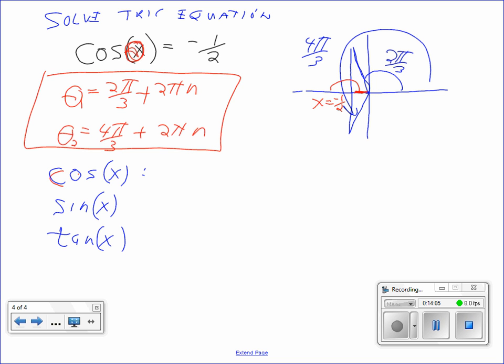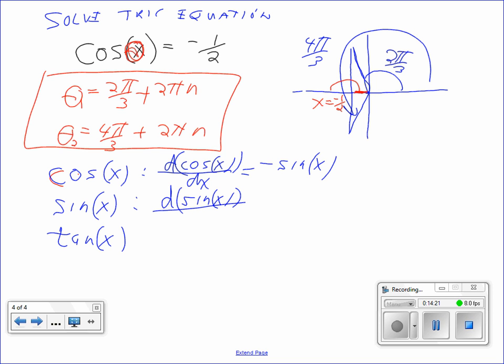Okay, the derivative of the cosine of x with respect to x is equal to the negative sine of x, so a little calculus there. I want to take the derivative of the sine of x with respect to x. That's equal to the cosine of x.